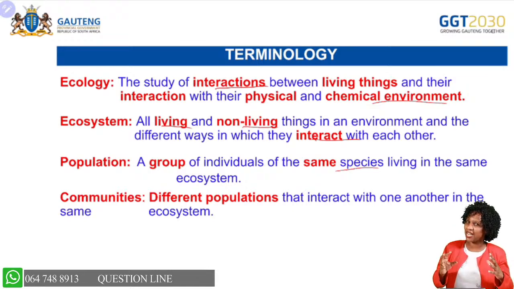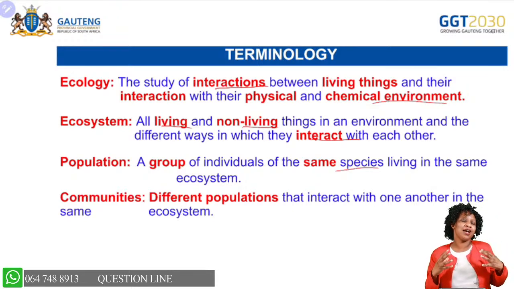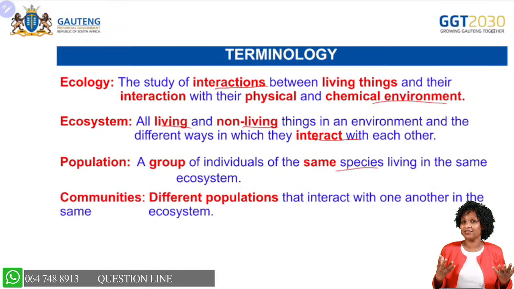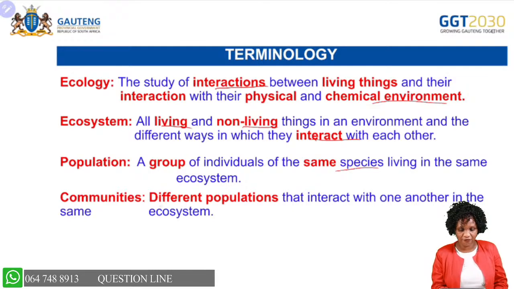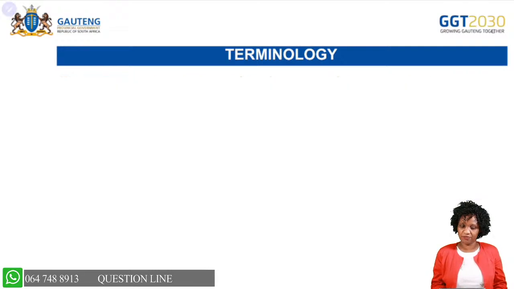Most of the times, there will be a drawing factor. It can be water, all right? And then that's where food chains develop. All right, let's define community. These are different populations that interact with each other in the same ecosystem.